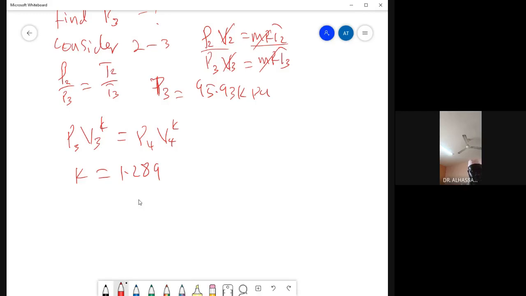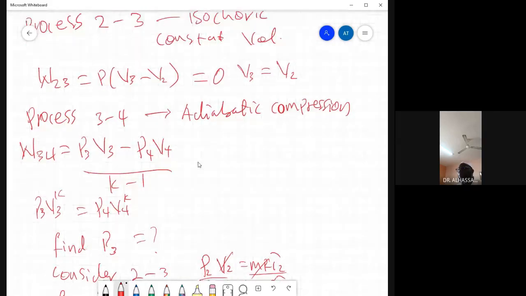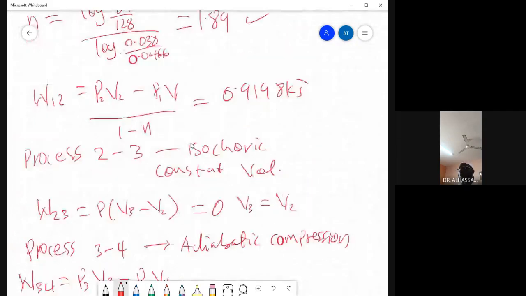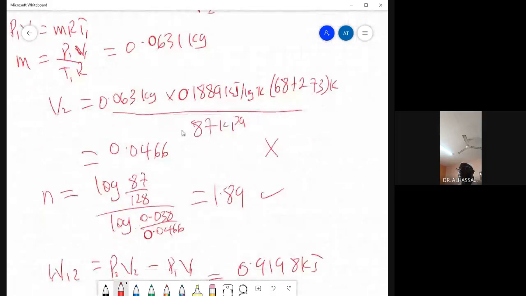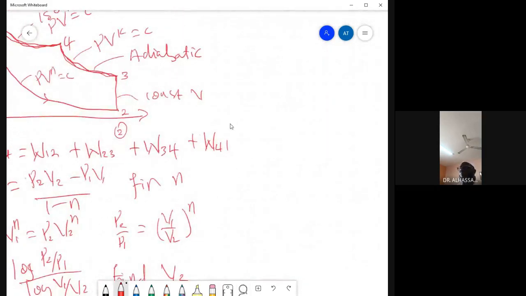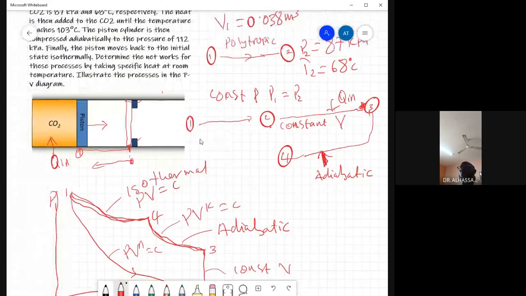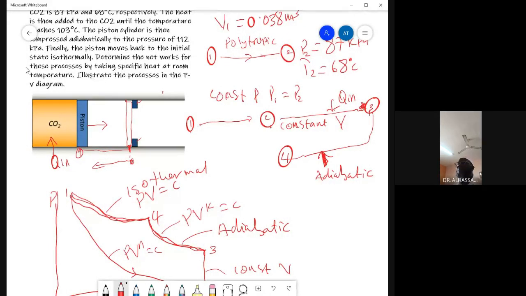Let me see over here. The value for V4, we determined V4 already. Go back to the diagram. We were told that finally the piston moves back to the initial state isothermally.